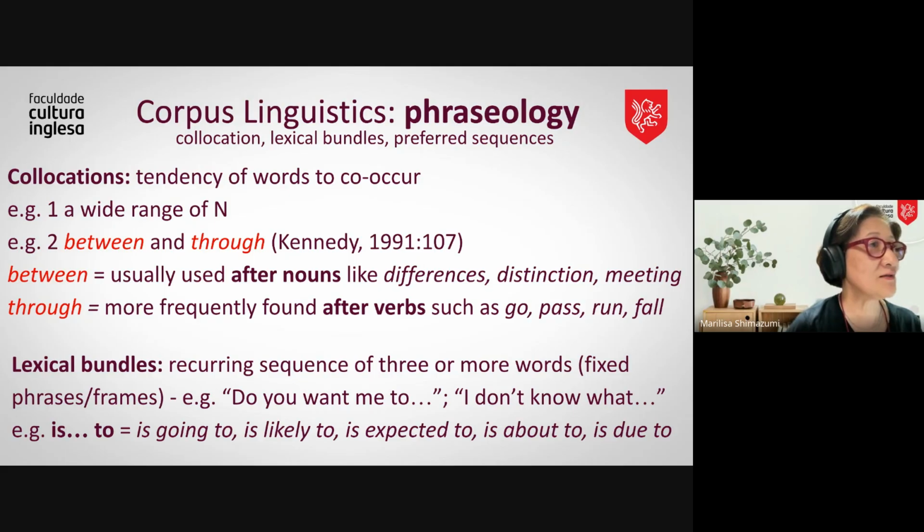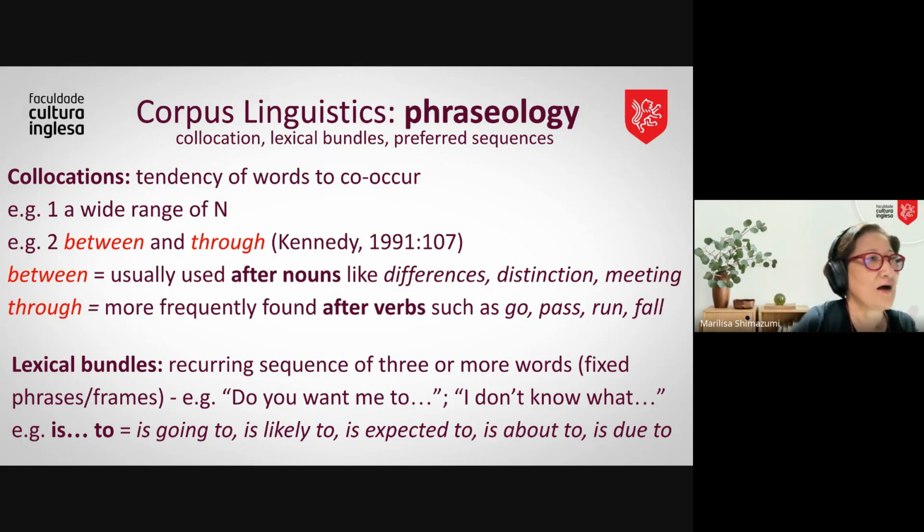But look at this very interesting bundle: "is _ to." It's extremely common in English. Is going to, is likely to, is expected to, is about to, is due to, and some of them are also about likelihood: likely, expected, about. That's what they call lexical bundles. It's very different from a fixed idiom. Can you think of an idiom?